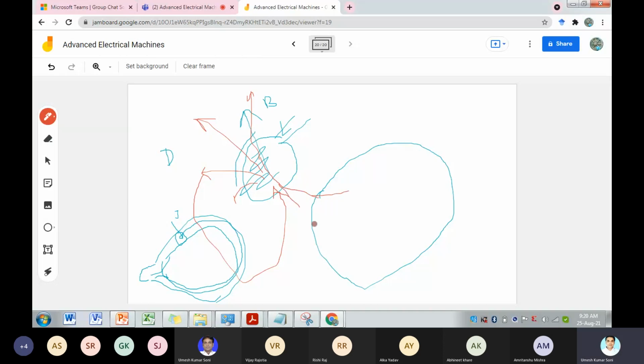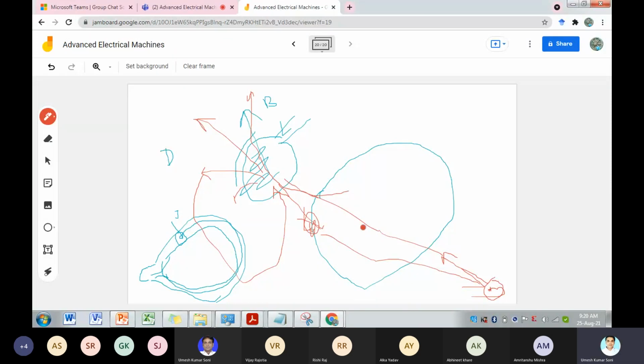Suppose some fluxes are going to infinity, and they go to some magnetic dipole at infinity. Also imagine that some fluxes traveling from infinity may reach this. Overall, the fluxes going to infinity are very few, and the fluxes coming from infinity are also very few.